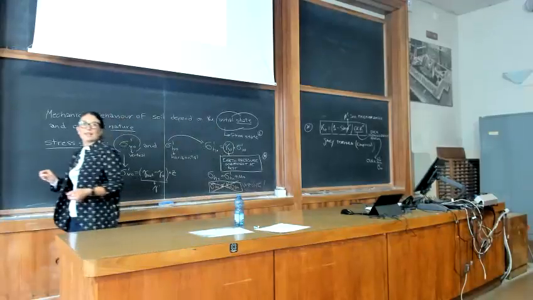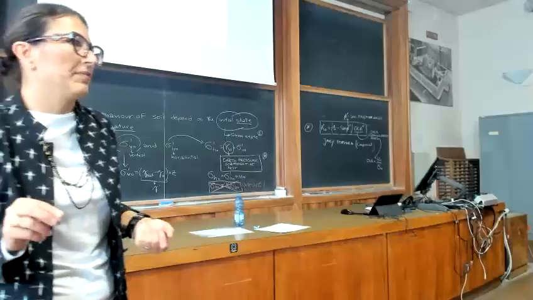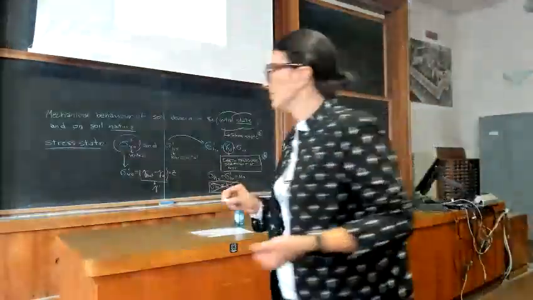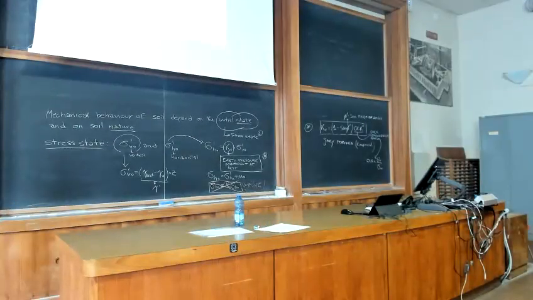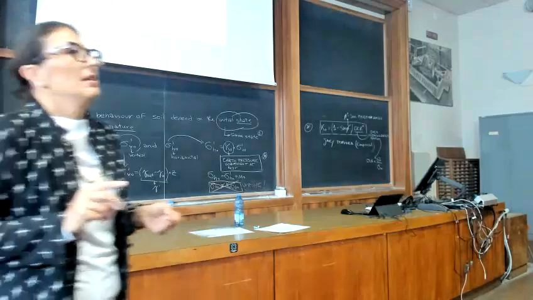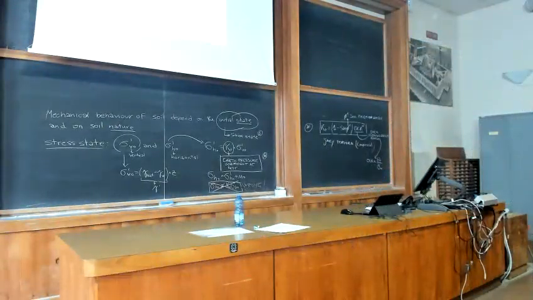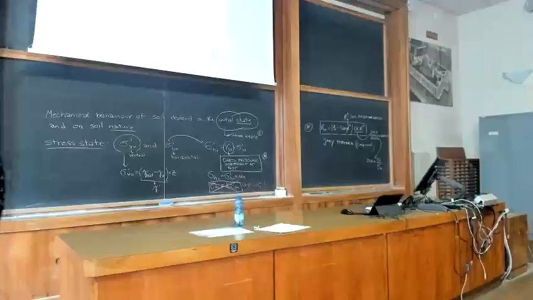Sigma dash P is the pre-consolidation pressure. Sigma dash V naught is the geostatic stress. And this is OCR. Alpha is a constant, about 0.45 to 0.6, and this should depend on the soil type that you are studying.